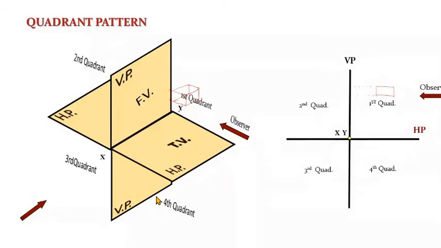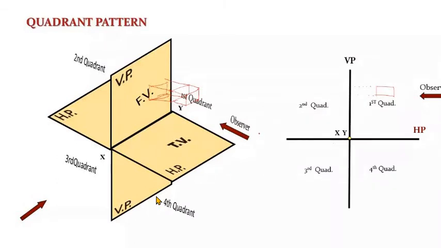See, I have a cube like this, and the observer will be here. If he sees and tries to track with the end projectors, he will get something like this, right? And he will be able to see the view somewhere here.